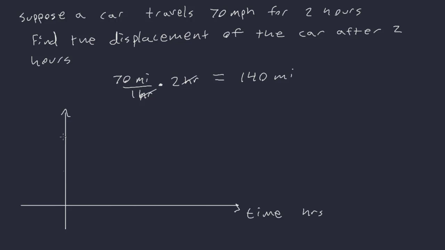And if we let the vertical axis be the velocity, and we were to graph this 70 miles per hour, it would just be a constant for, say, 1-2 hours.